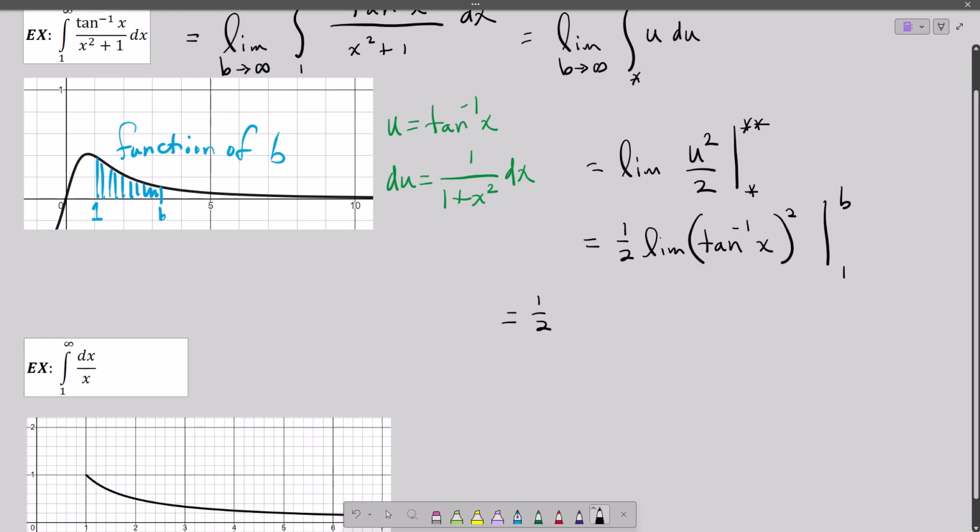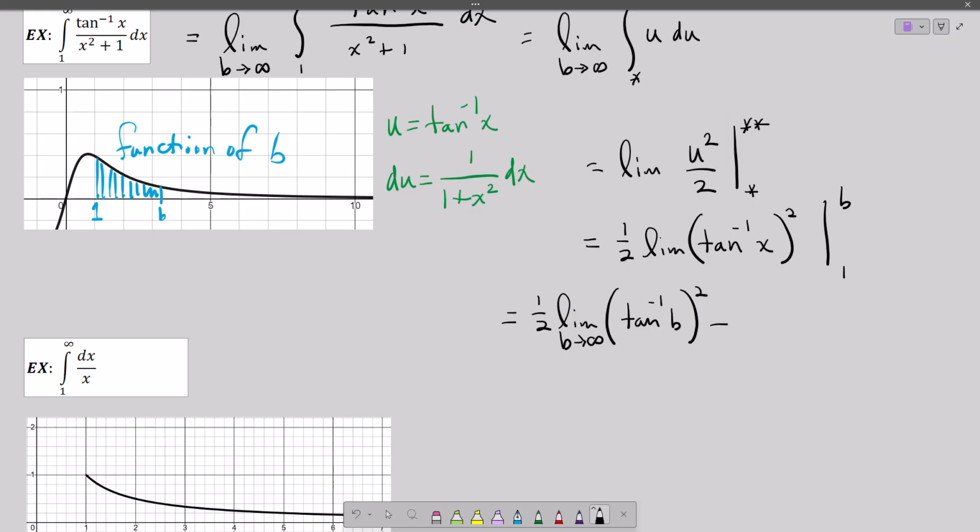Plug in the upper limit of integration. b is going to go to infinity, so we're going to have arctangent of b quantity squared minus arctangent of 1 quantity squared.